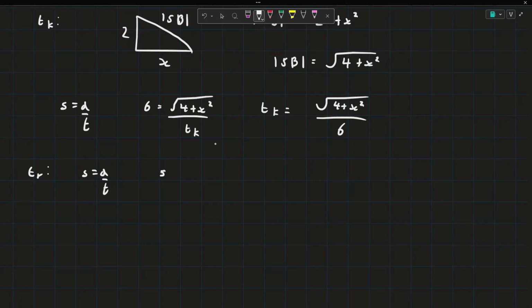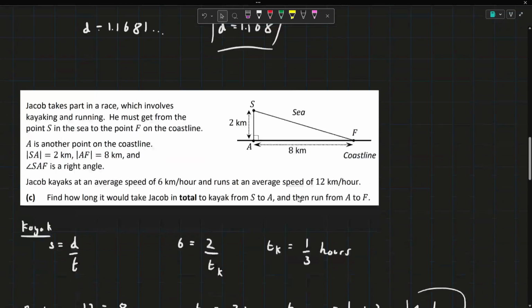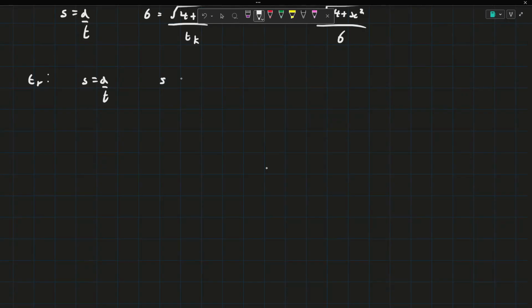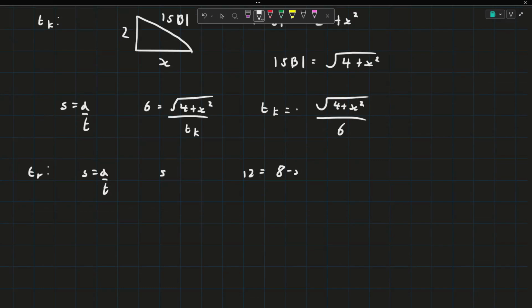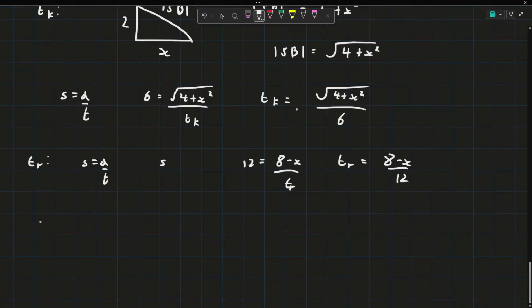The speed he runs at, I believe it was 12 kilometers per hour. Yep. So we're going to have 12 equals, and then the distance is going to be 8 minus x, and the time, we're going to call it TR. That means that TR is going to be 8 minus x over 12. So the total time, capital T, will be TK plus TR, just adding the two times together.